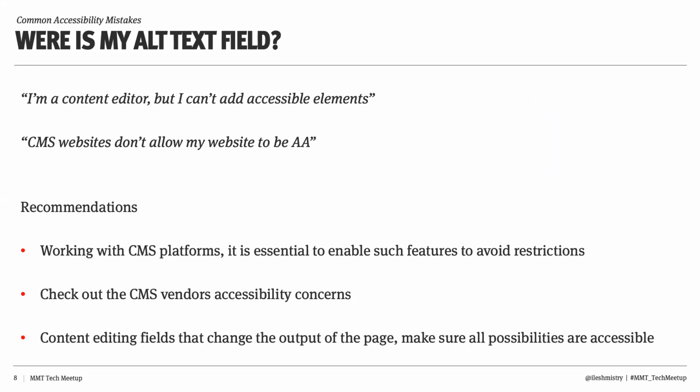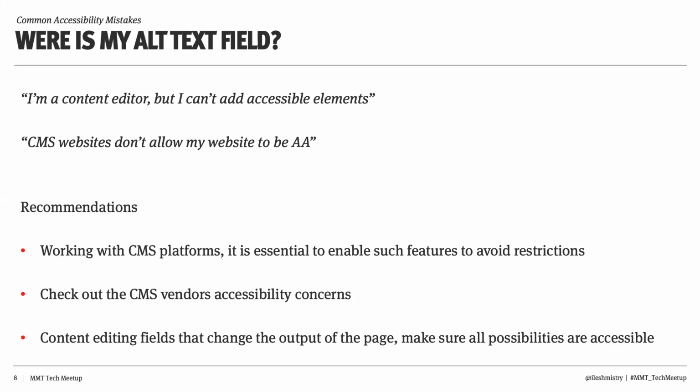Another thing is people might think, well, they're a content editor on a CMS or something, and they can't add accessible elements. So you build a really accessible front end, you've built everything, and it works fine. But actually, the content editors who manage that website can't add any accessible features in.